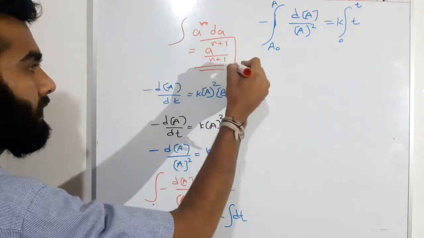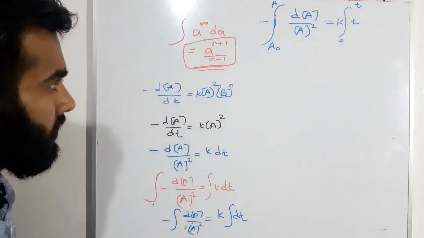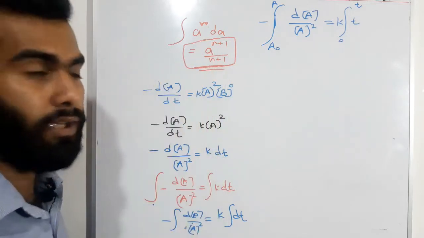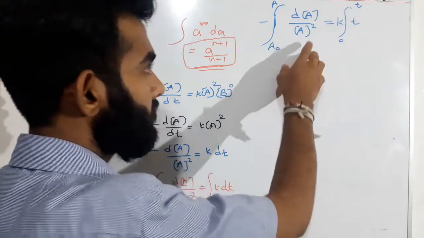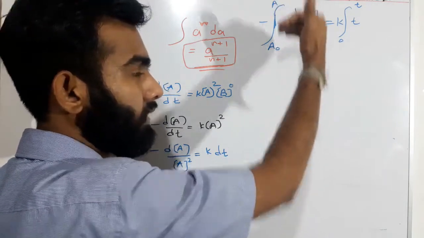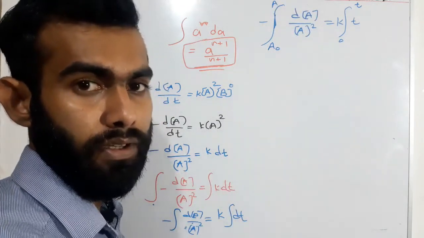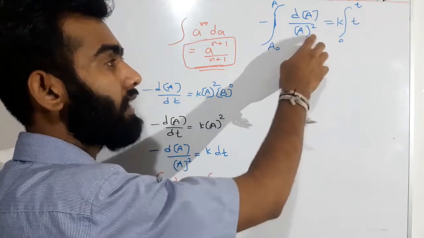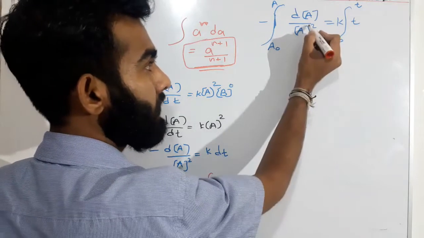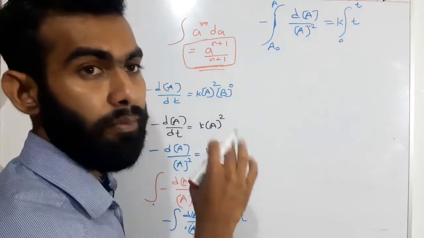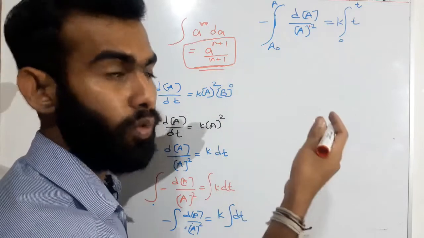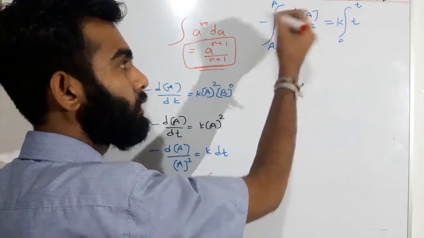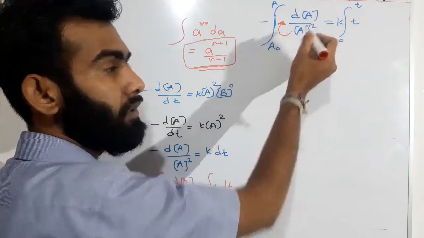We have to add 1 and we have to divide by n plus 1. In this situation, the a to the power 2 appears as the denominator. So we have to rearrange this equation. We can put this a square as the numerator, but here it has a positive sign, a positive 2 power. If we rearrange it as the numerator, this positive term will be negative.